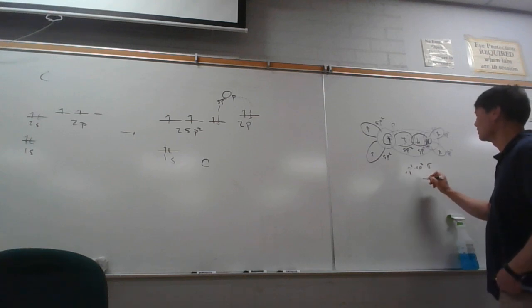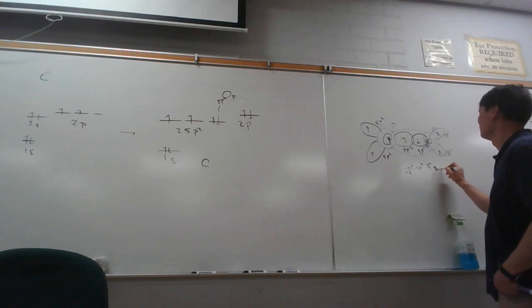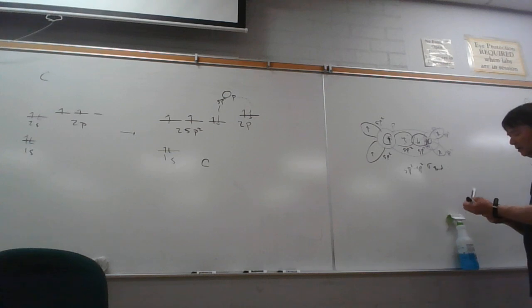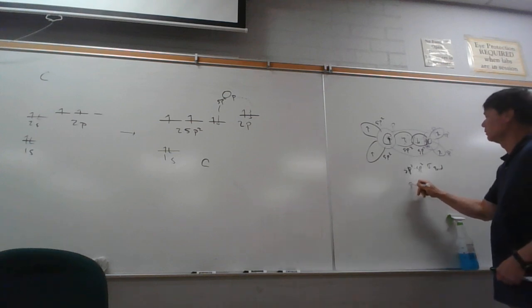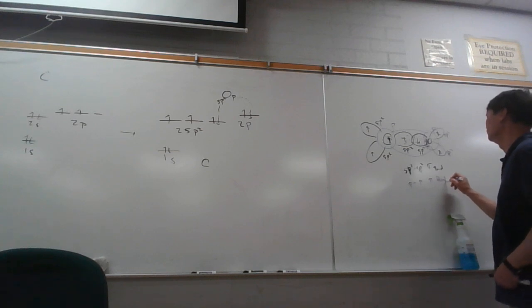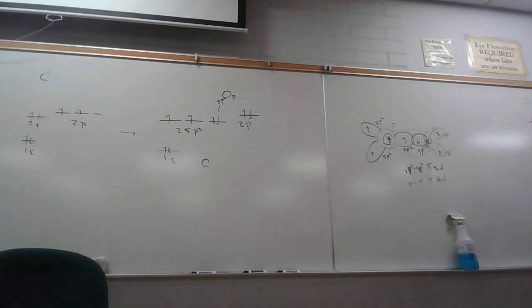You don't need to know this for the test. And followed by a pp pi bond. I'll show the pp pi bond in profile next, after we add the chlorines to this.